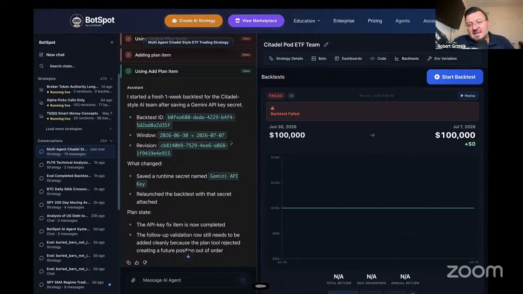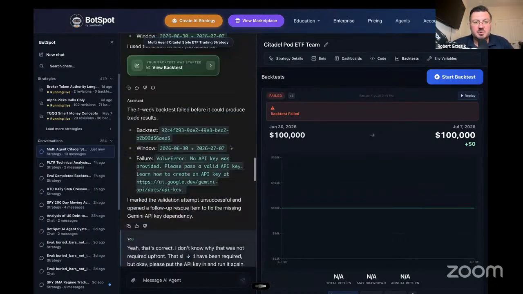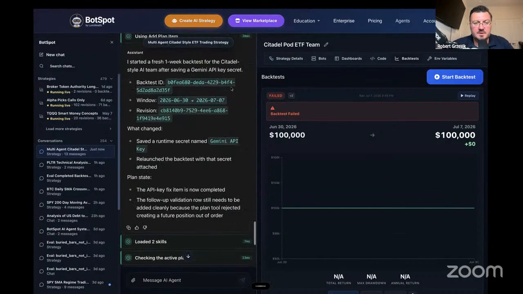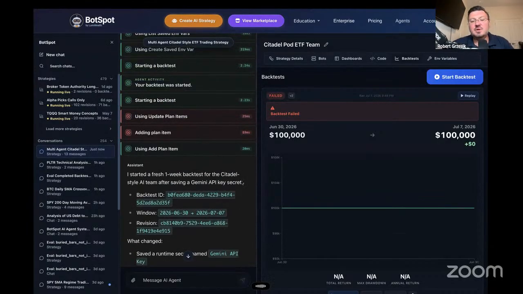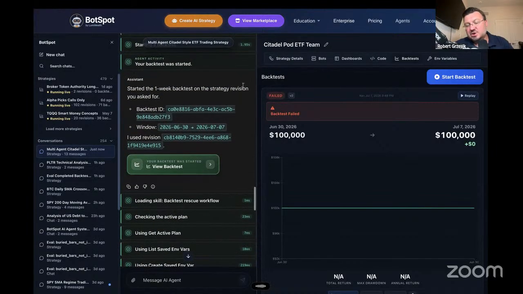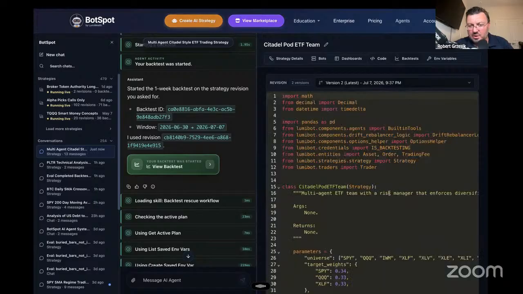But I guess in this case, that AI did not find what API keys were required because it doesn't know that the AI agent stuff actually requires an API key. So maybe we could change either that inside of LumiBot to make that more direct, that there needs to be an API key somewhere in the actual code.